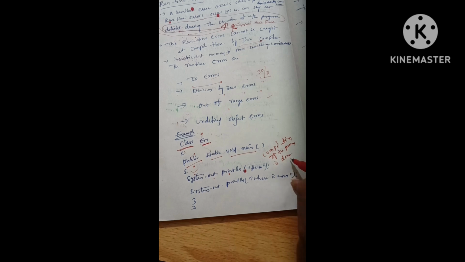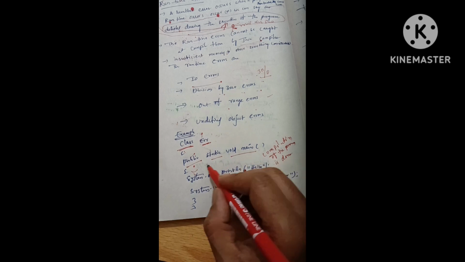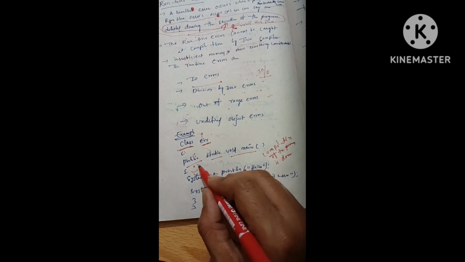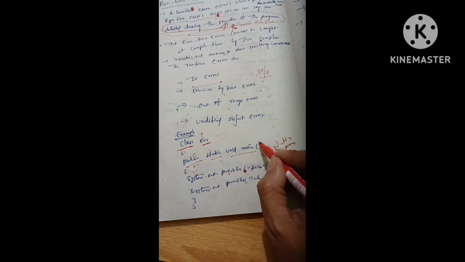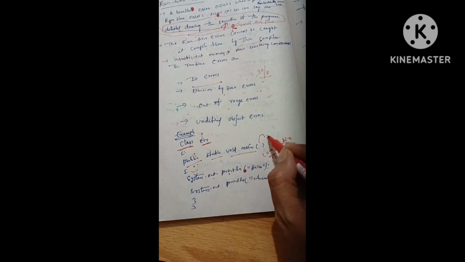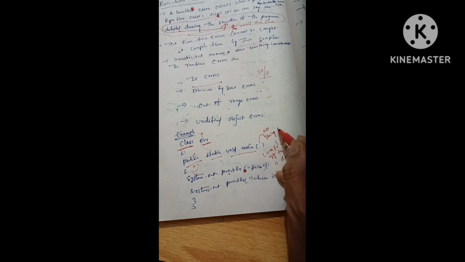Now, when going to the execution, it is not done because it shows errors. What is the problem in our program? In our main method, public static void main, there is no String args.